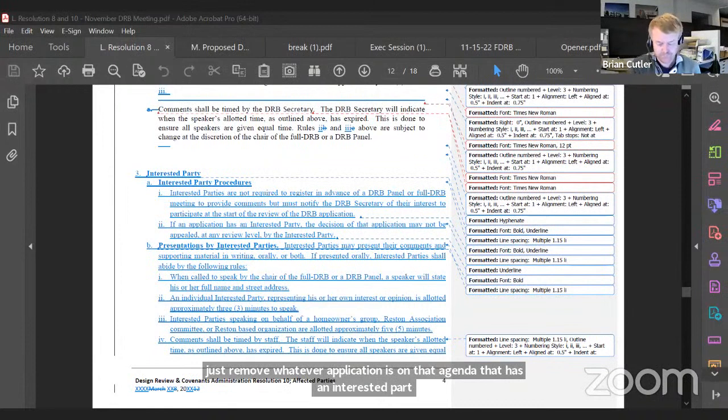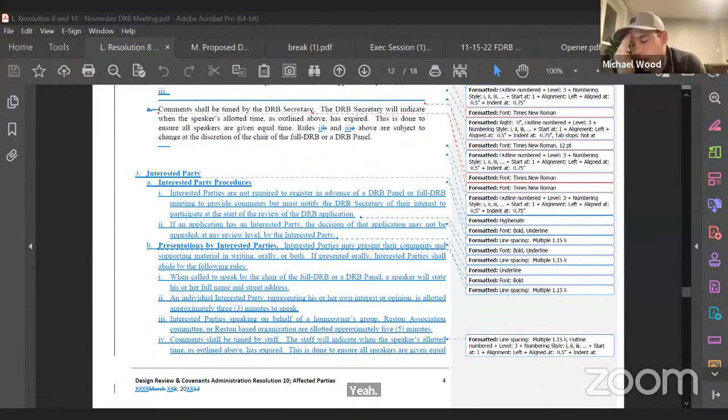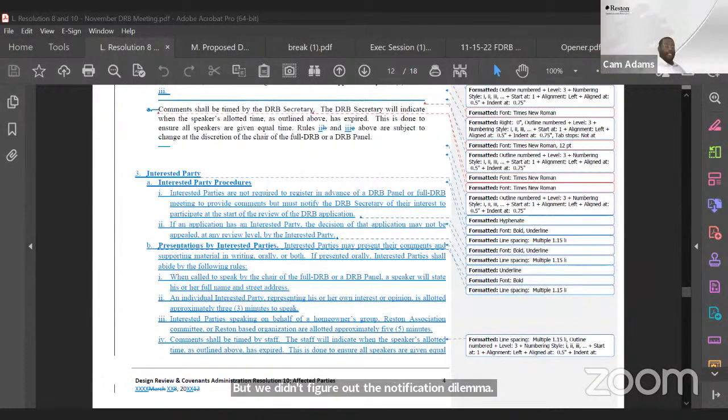Makes sense. And I know it's an impossible task, but we never figured out the notification dilemma. We did not. We were hoping that this would be a good way to address not needing to do that, simply because there were so many different variables involved that we didn't want to.